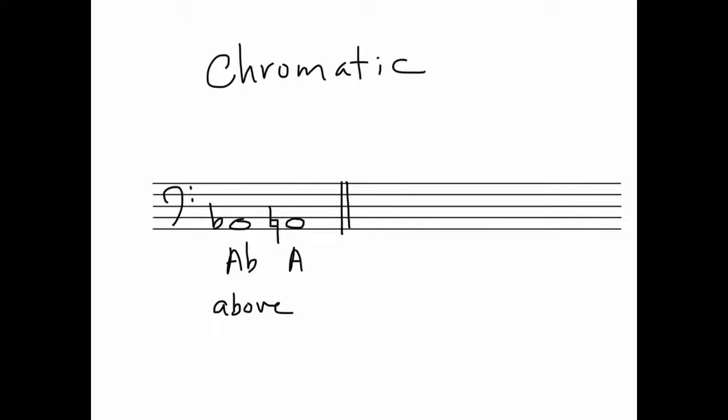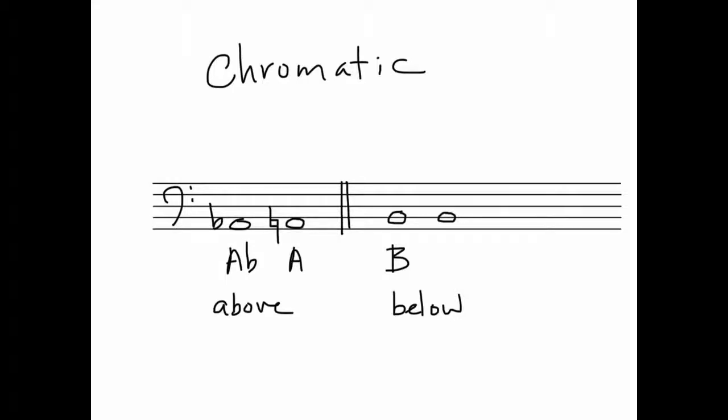Now let's try an example that's below. So we'll start with B. And we want a semitone below B. We know it's chromatic, so right away we can just write another B. And we have to decide what kind of B we want for a semitone below it.